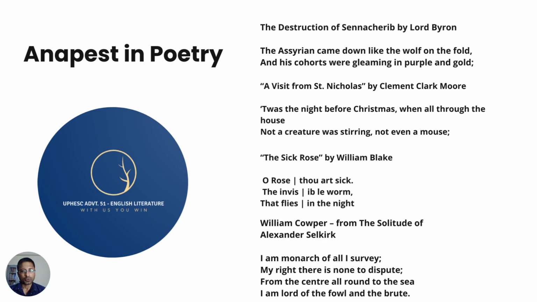And anapest in poetry. The copybook example, also given in M.H. Abrams, is The Destruction of Sennacherib by Lord Byron. The Assyrian came down like the wolf on the fold. I should give the beat, right? The Assyrian came down like the wolf on the fold, and his cohorts were gleaming in purple and gold.